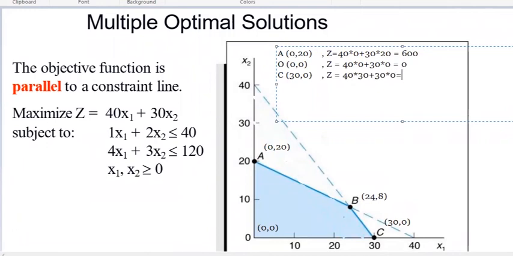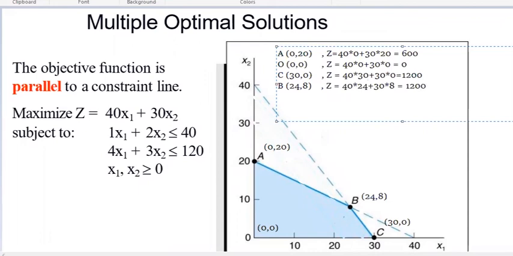That is equal to 1200. Now we have got one more corner point, which is (24, 8). I get z equal to 40 into 24 plus 30 into 8, which is equal to 1200.